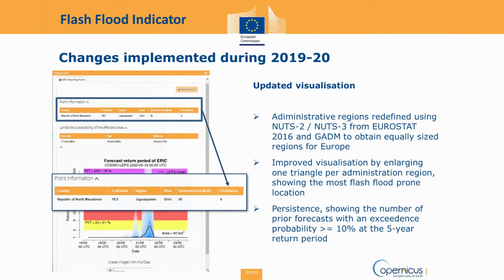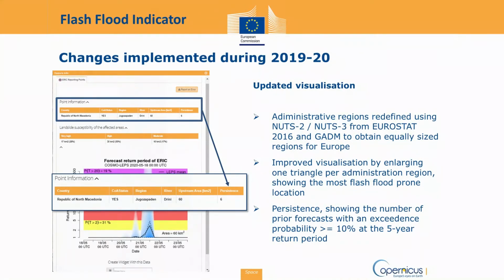So these are now based on NUTS level 2 and NUTS level 3 from Eurostat 2016 and GADM. And basically what this means is that the administrative regions have been redefined so that they are equally sized for the whole of Europe, because obviously it's important, if flash flood notifications are being issued based on administrative units, that the administrative units are equally sized. And these can be seen on the static layers on the EFAS interface.